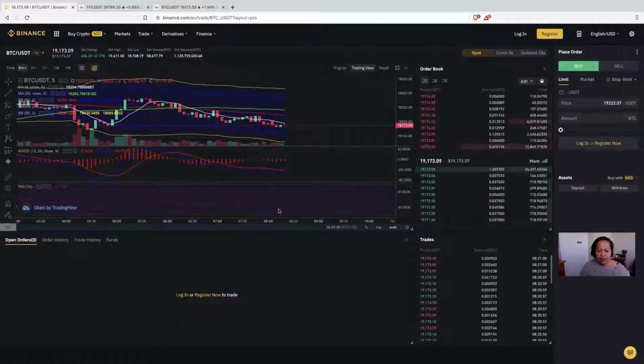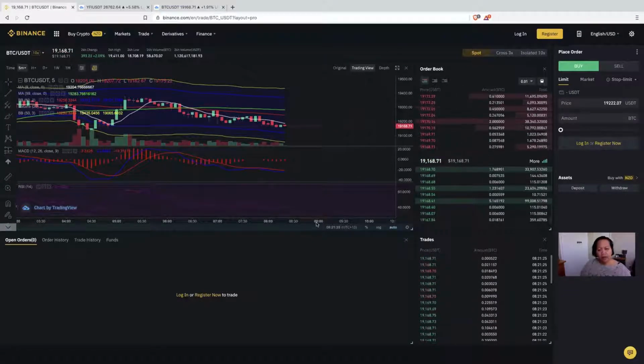So when the RSI indicator is up near the RSI sub 70 line, which is this line here, then I know it's overbought. When it is near the RSI sub 30 line, which is down here, I know that the coin is oversold. So I use the relative strength index indicator for that specific reason.